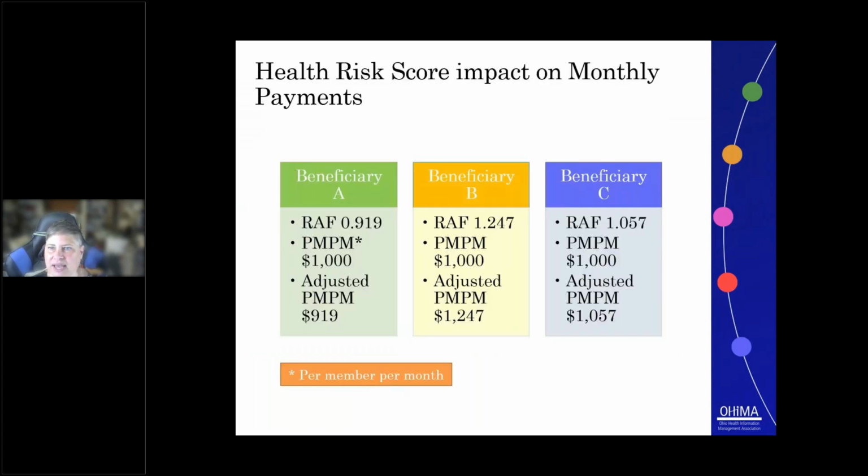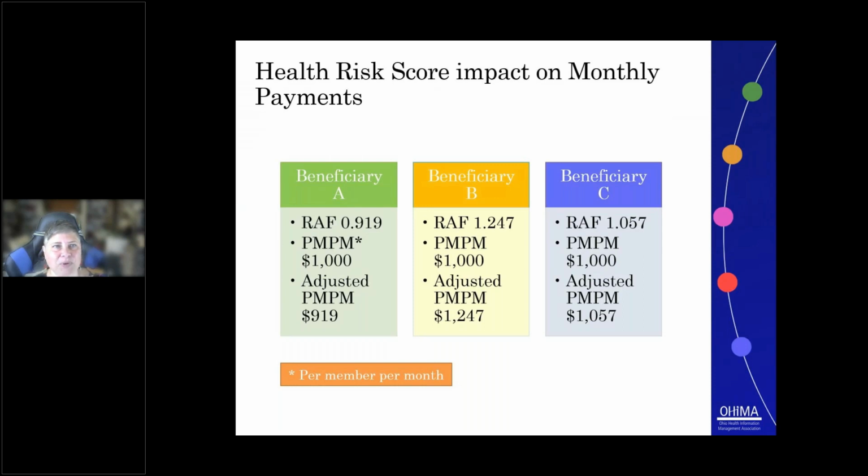So let's take a look at 3 different beneficiaries that would be included in this Medicare Advantage organization. It's important to start with the information that the average risk score for a Medicare beneficiary is 1.0.